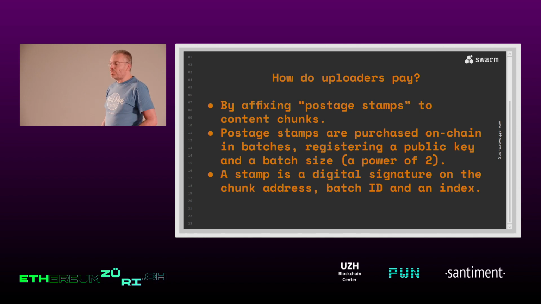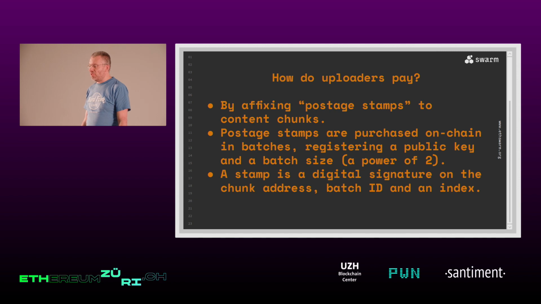So uploaders pay by affixing so-called postage stamps to each of these 4 kilobyte chunks. Postage stamps are purchased in batches by on-chain transactions by registering a public key and the batch size with a smart contract.